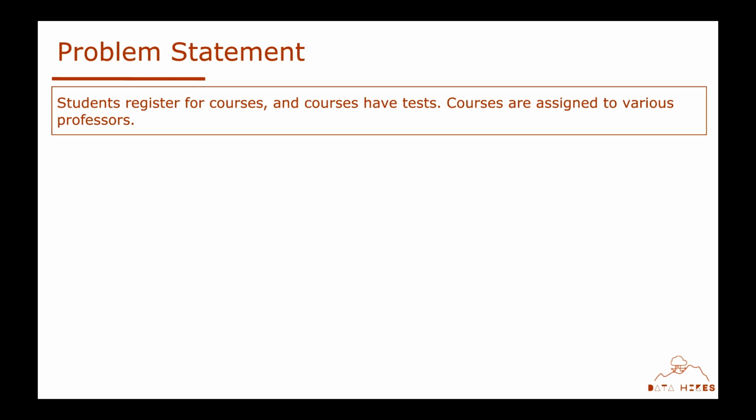Let's look at a very simple problem statement that we have here. It just says students register for courses and courses have tests. Courses are assigned to various professors. Now, this is very limited information. In a real world system, you can have much more detailed information. Also, if you don't have that information, you have the opportunity to ask for it.